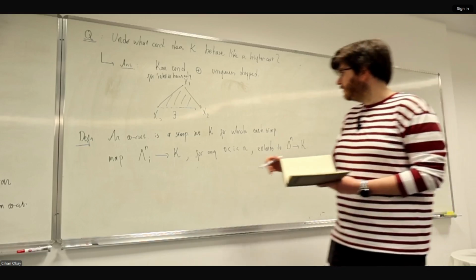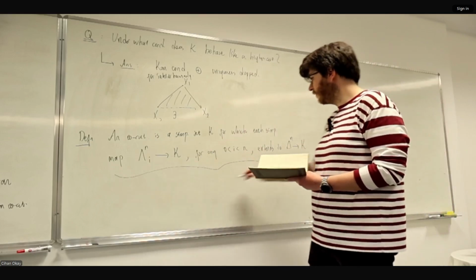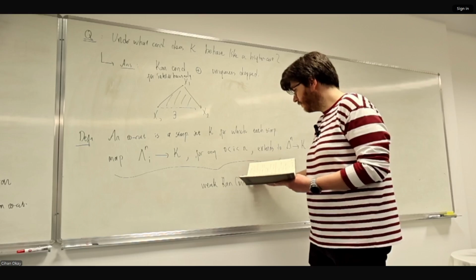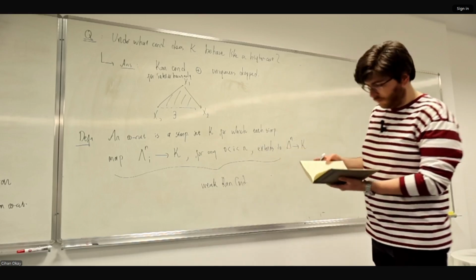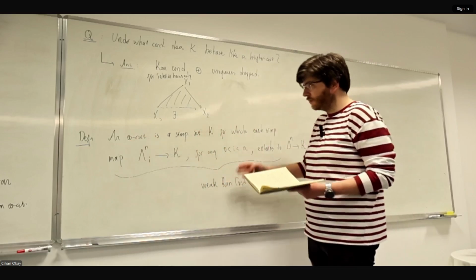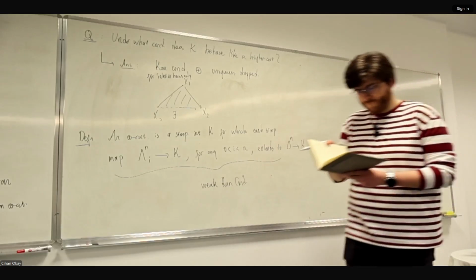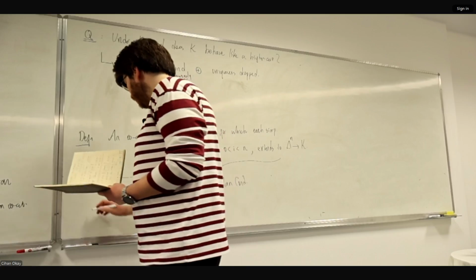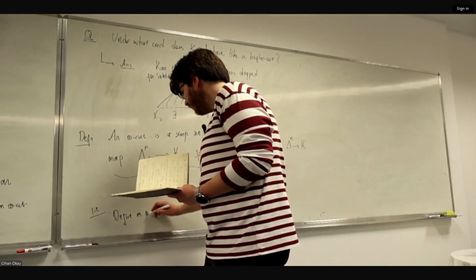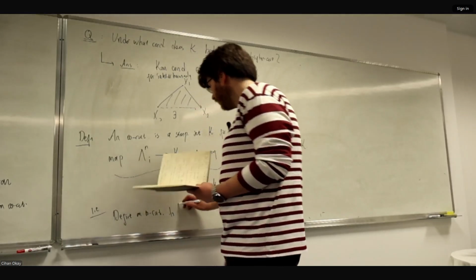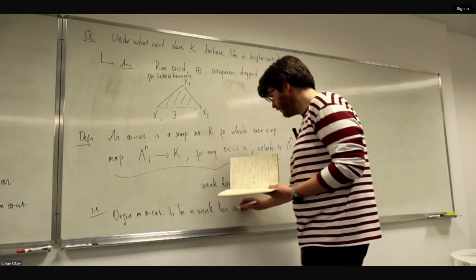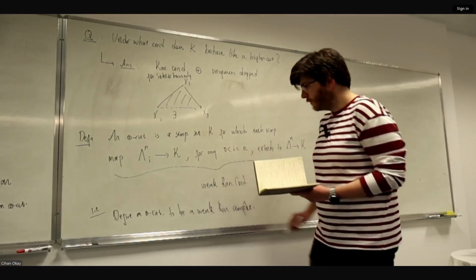Okay, and the new condition is called the weak Kan condition. So long story short, we define an infinity category to be a weak Kan complex.